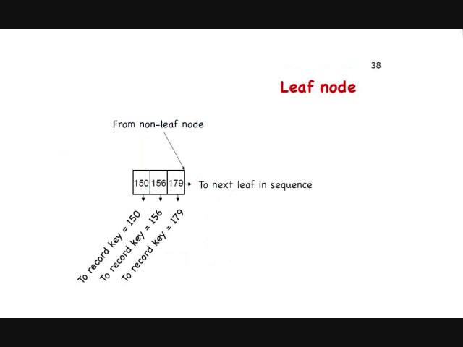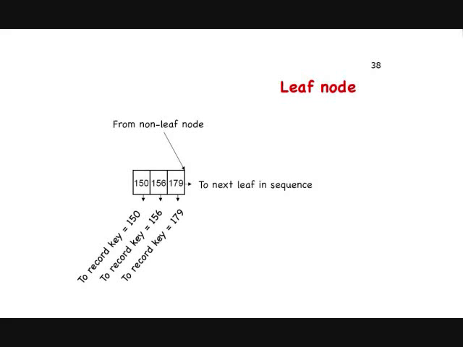And then our leaf node, so it says that's some sort of pointer to something with some key of 150, 156, 169, and then at the end of each leaf node, you put a pointer to the next leaf. So that when you come along wanting to do your range search, let's come back here.